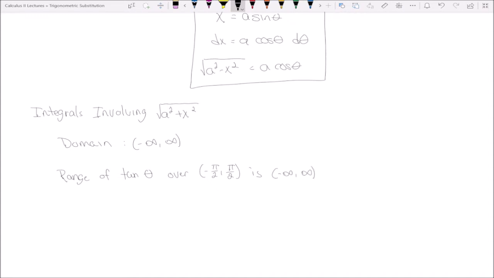What this means is that we have a unique angle theta in the domain negative pi over 2 to pi over 2 such that tangent of theta is equal to x over a, or x is equal to a times tangent of theta. So we try this substitution, and let's see what we get.